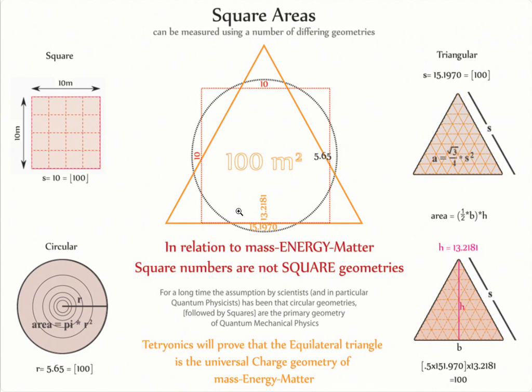Of course, there's many geometries you can use to express square areas and other measurements of units in order to determine constants such as pi or golden ratios, phi, or even things like Coulomb's force, gravitational force, etc. But in all cases, Tetrionics shows that whatever mathematics is used to describe the physics of these forces and objects, they all relate back to a fundamental geometry.